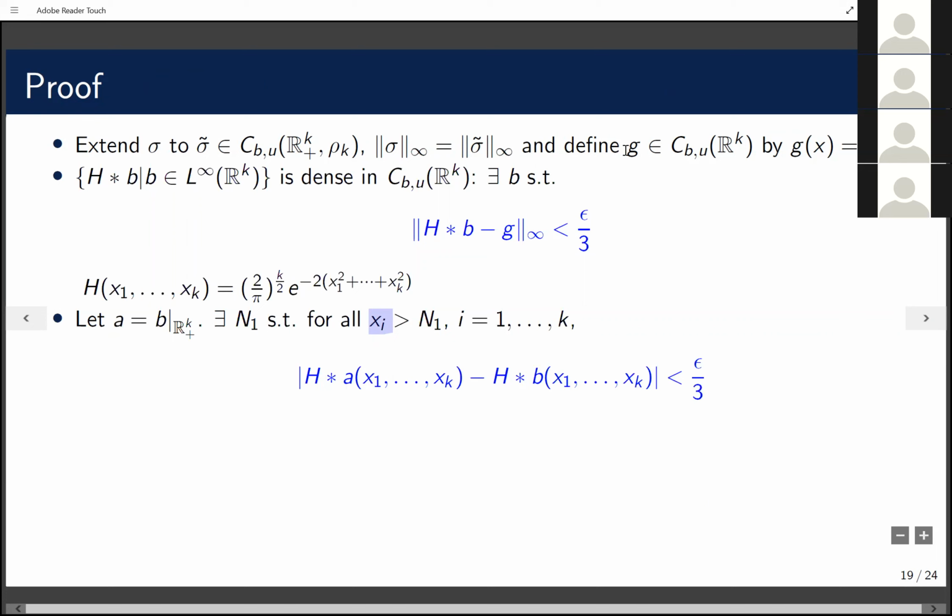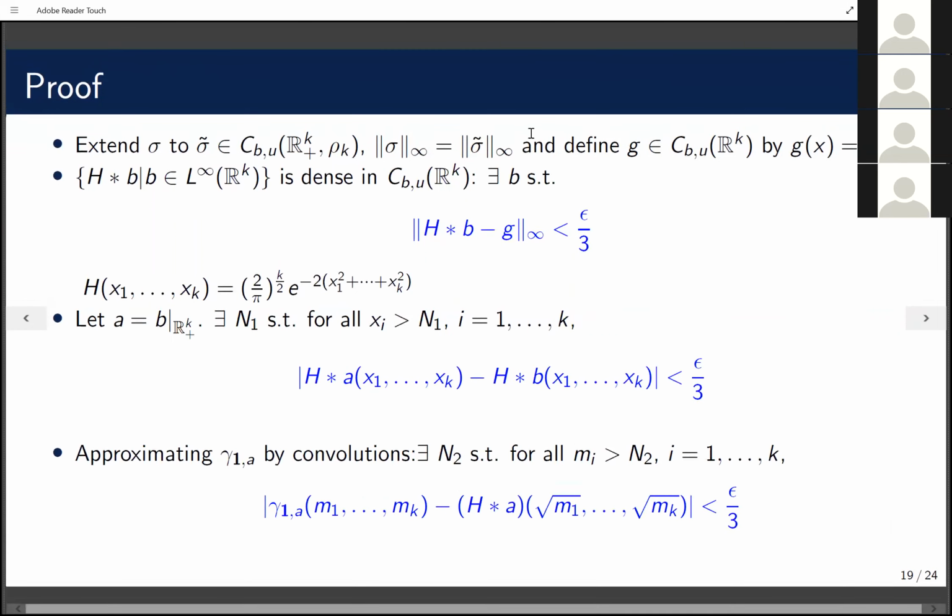Okay. And the reason that we consider the heat kernel is because we have this result which says there is n2 such that for all mi greater than n2, the absolute value of gamma 1 a(m) minus h star a is less than epsilon over 3.